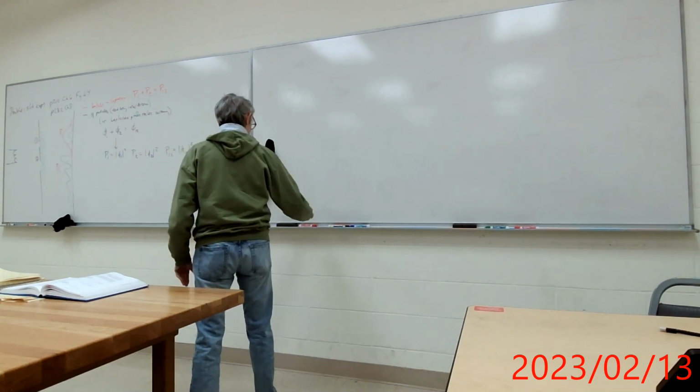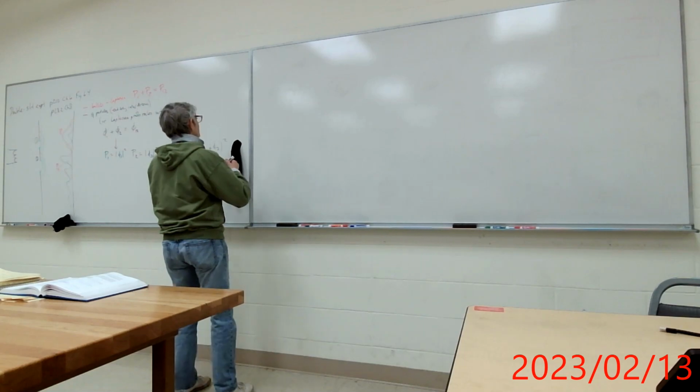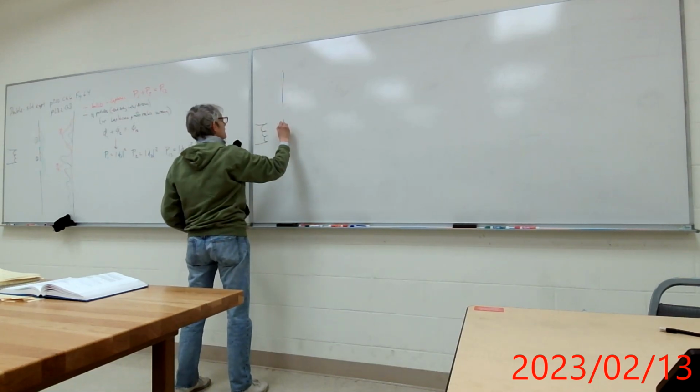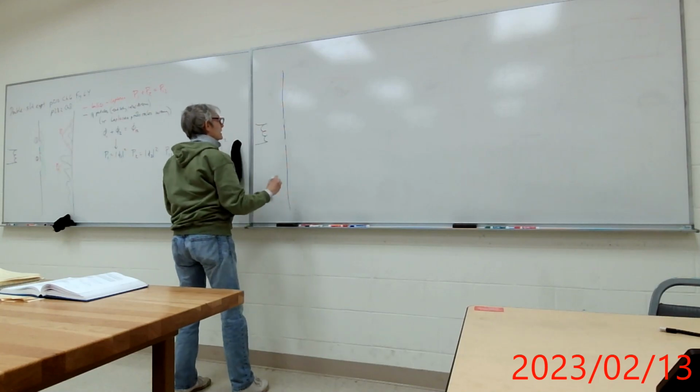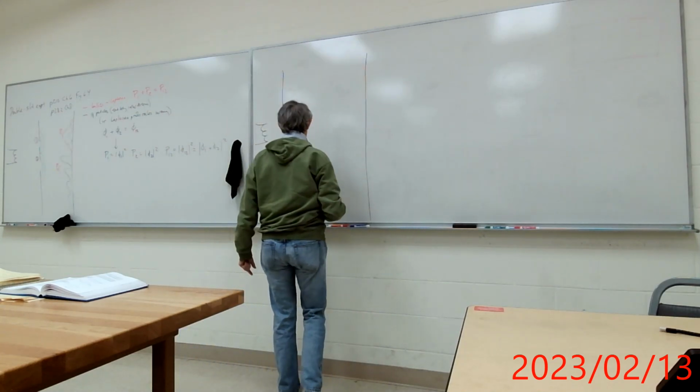Okay, so how does that work? Well, the basic idea is that we do our two-slit experiment, and I'm just drawing it again for you here, very badly. All right, close enough. And here's the detector over here.